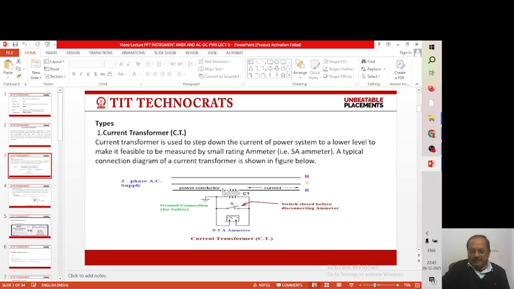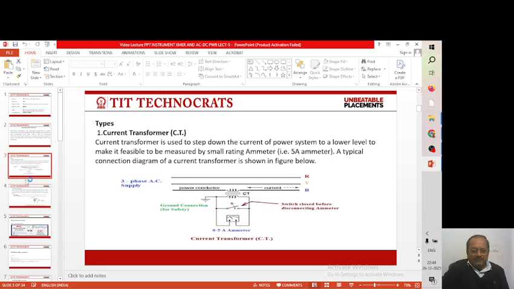The primary is connected, which is a high range coil, a high rating ampere coil. It may be 400 ampere, 200 ampere, 150, etc., which converts this high level current into 5 ampere or below, and this current can be measured by low range instruments, ammeter, etc.